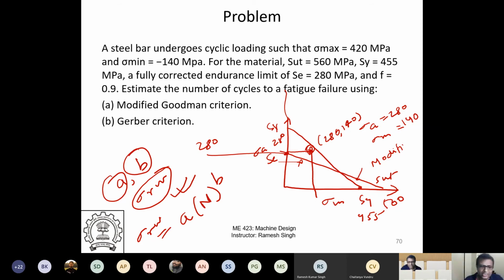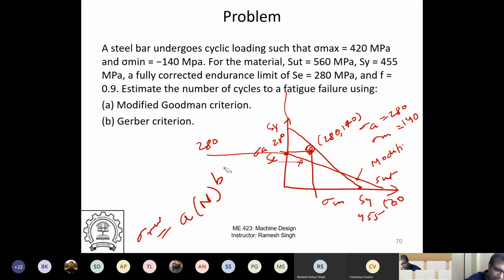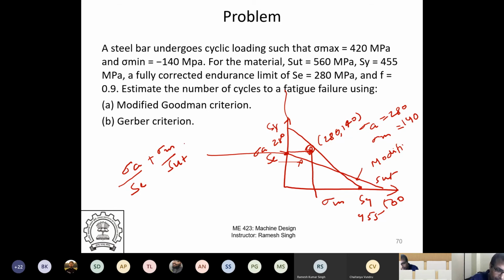So let me just give you the relationship. This modified Goodman relationship. What is the equation for this line? If I want to find out the equation for the line for modified Goodman, sigma A by SE plus sigma M by SUT is equal to what? 1, right?